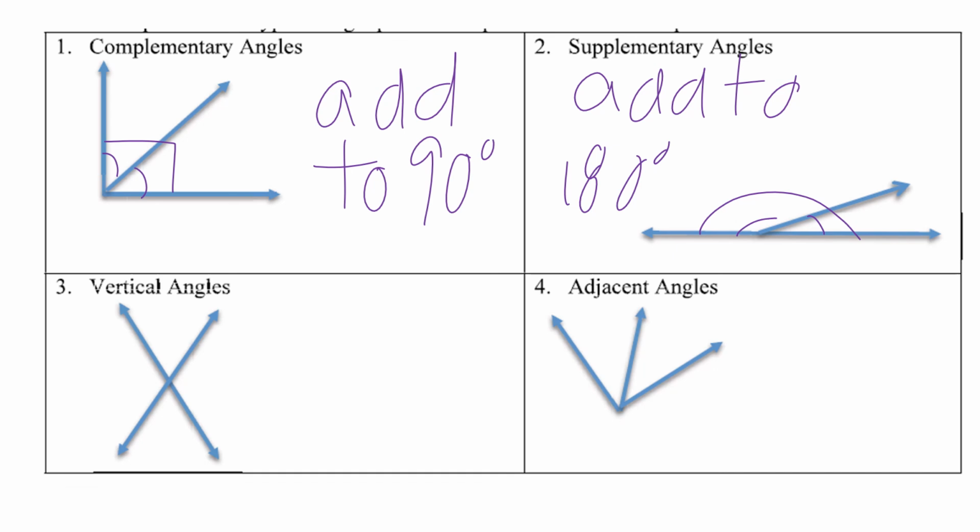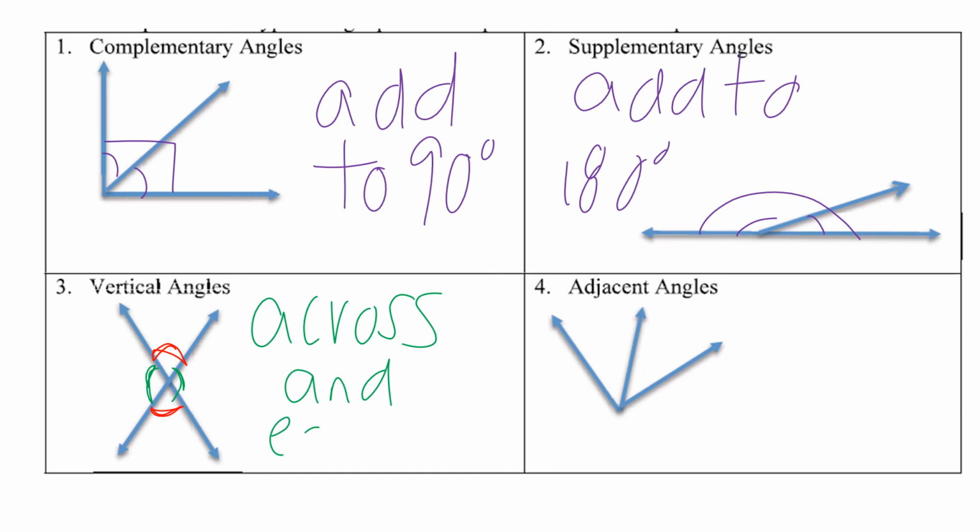Vertical angles are across from each other. So in red there, red there. Also, the other direction, green here and green here. So they're across and equal. The greens are equal and the reds are equal. And then adjacent simply means next to.